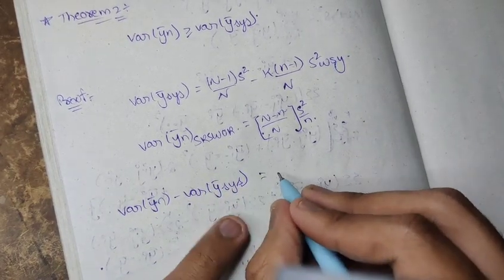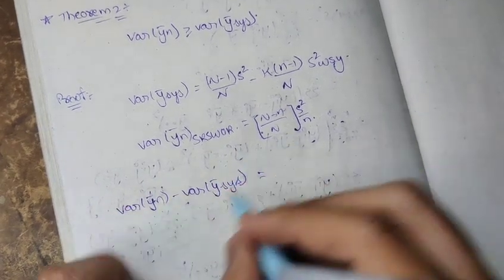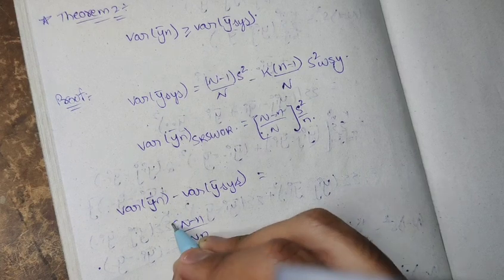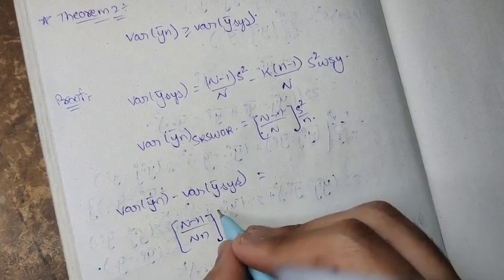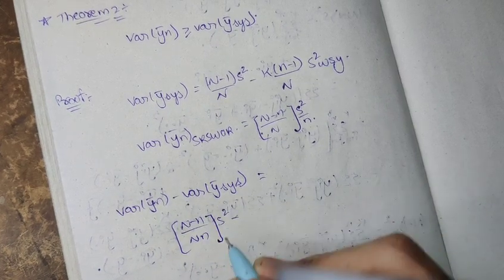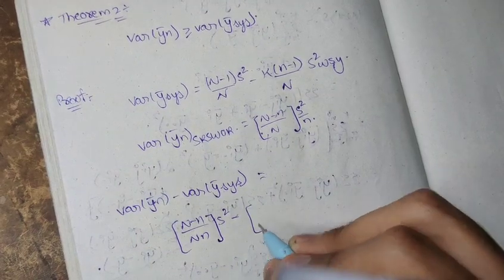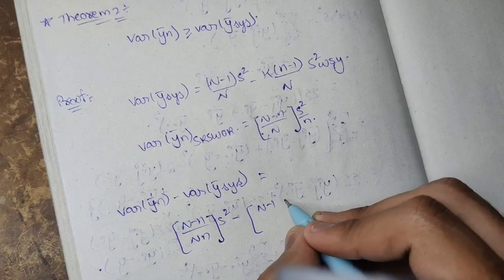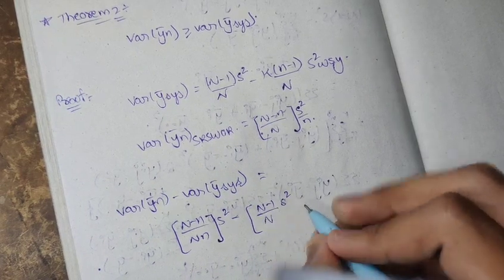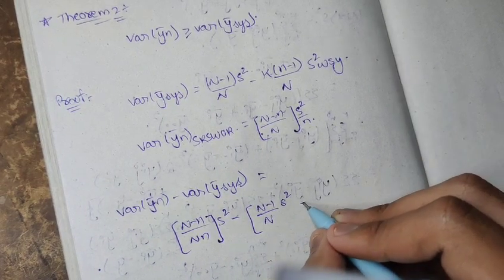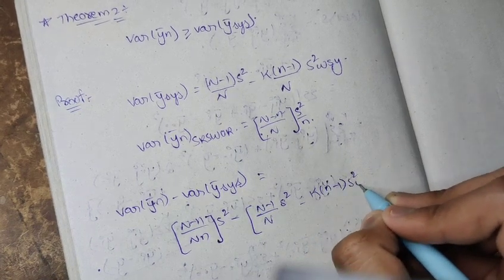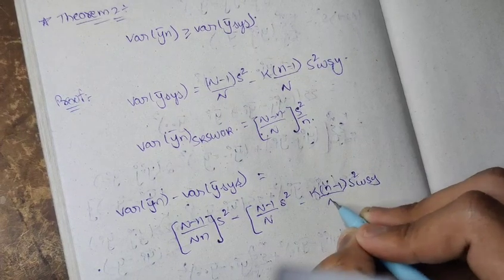So variance of y bar n minus variance of y bar systematic. That will not fit here, so I'll just write it here. That is (N minus n) by N into small n. I'll write the small n term inside. S square minus (n minus 1) s square by n minus k into (n minus 1) s square WSY by n.